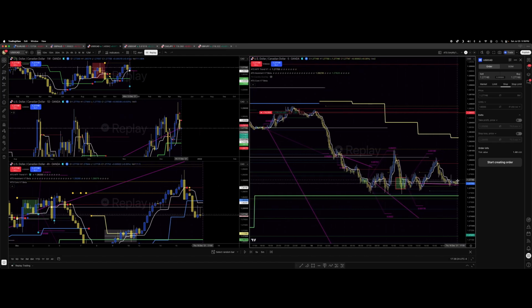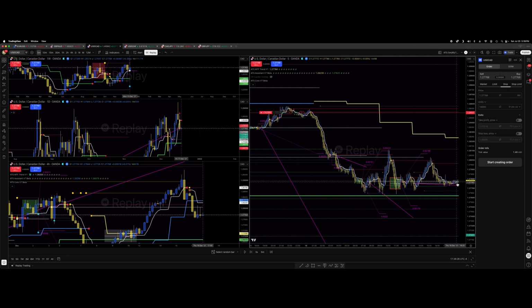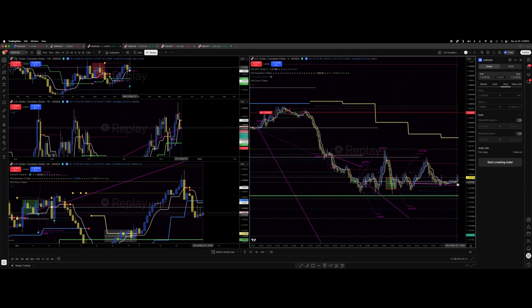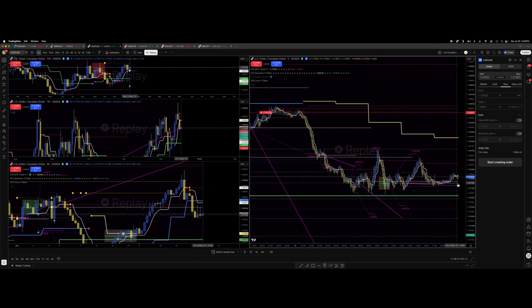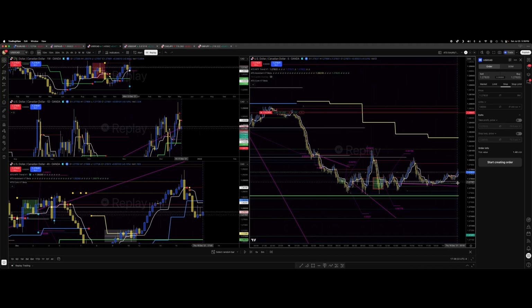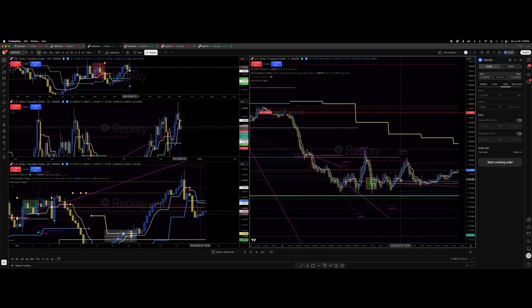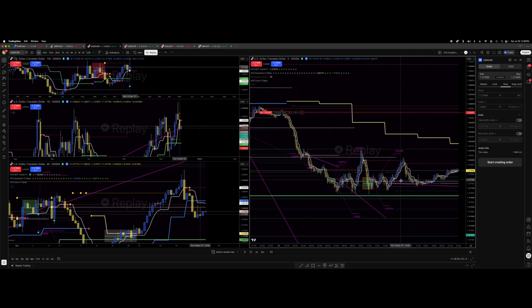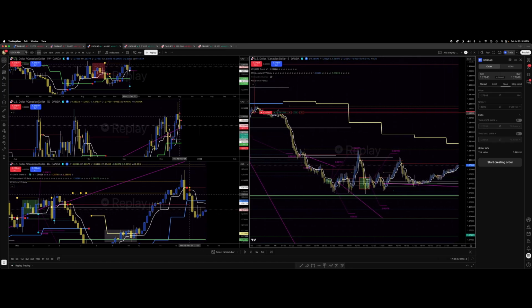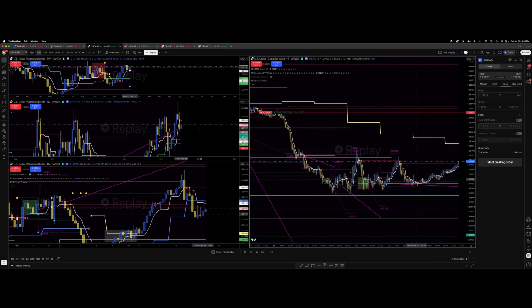Is it going to bounce off there or go through it? Don't bounce off. Keep going. Keep going. No. Keep going. All right. It's definitely found an area of consolidation. Doesn't know if it wants to go up or down. We're still in. We're in the profit.